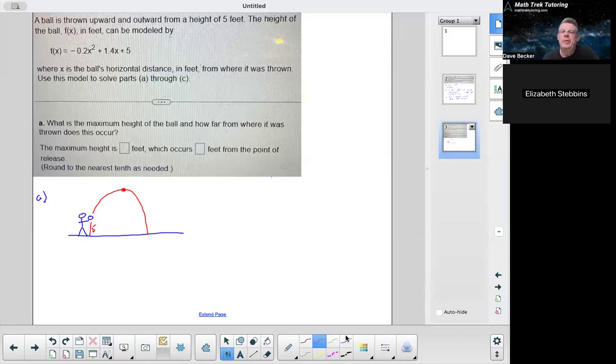So again, off we go, right? x is going to be equal to negative b over 2a, which is equal to negative 1.4 over 2 times negative 0.2, which is negative 1.4 over negative 0.4. Why couldn't it be nice?